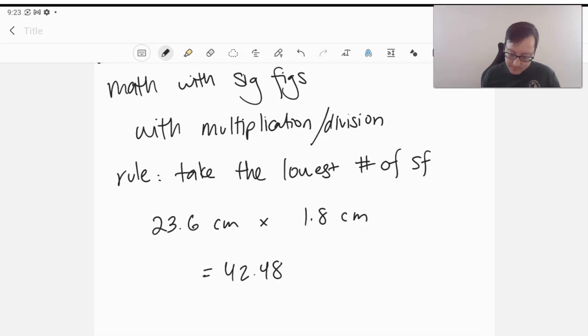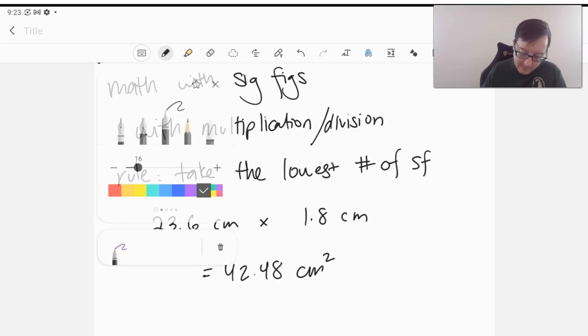The problem is, by the way, centimeters squared would be the unit. The problem is this number has more sig figs than either of the numbers we started with, and that's not correct. We need to end up rounding our number such that we take the lowest number of sig figs of any number we multiplied or divided by.